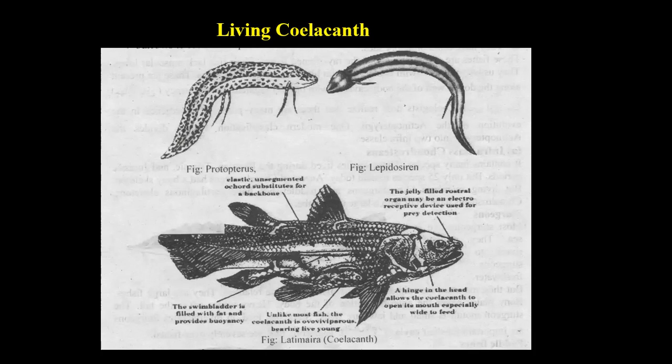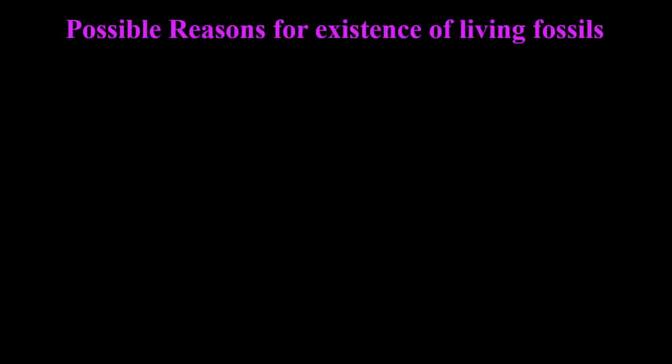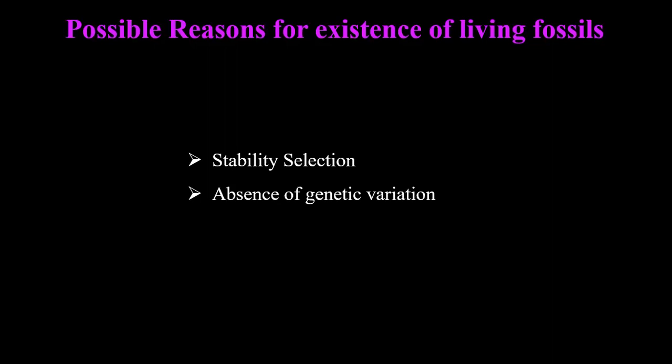Now, the possible reasons for the existence of living fossils: one is stabilizing selection. Some living fossil species live in relatively isolated habitats with no apparent competitors, and if their habitat has been stable, there will have been no pressure for them to change. Another reason for no evolutionary change might be the absence of genetic variation.